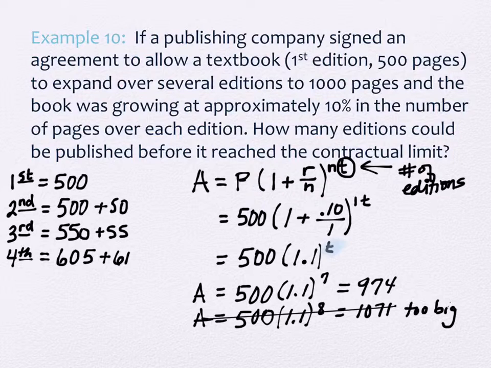If you write these out, once you get to the 8th one down here, you will see that you have the 974 pages. So it's actually the 8th edition of the book.